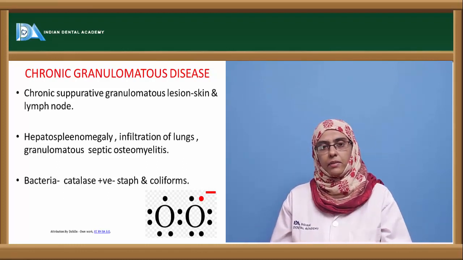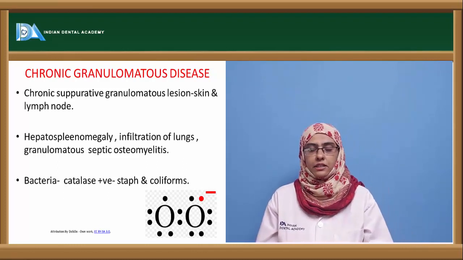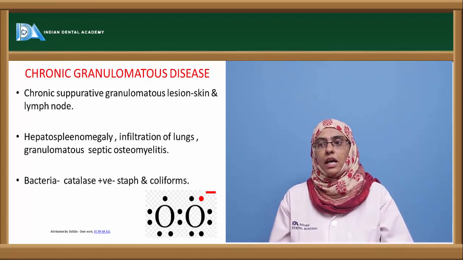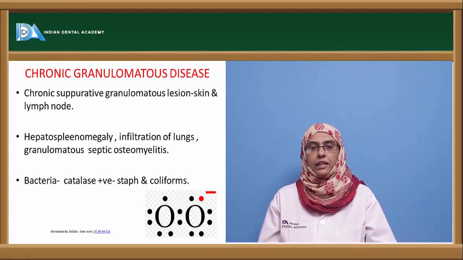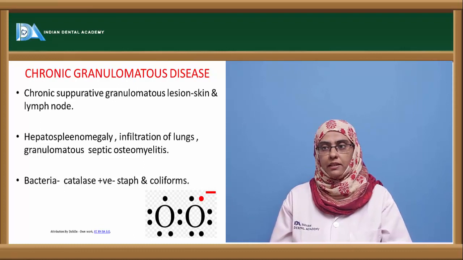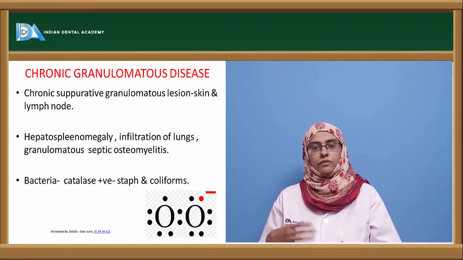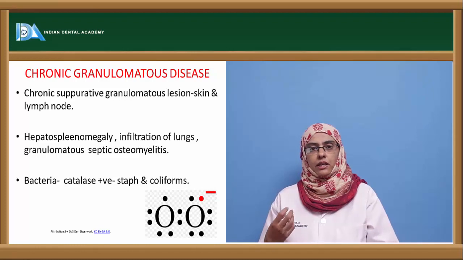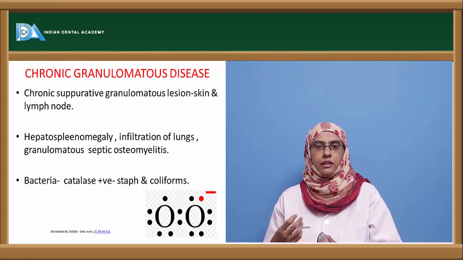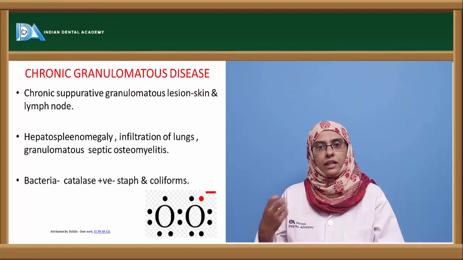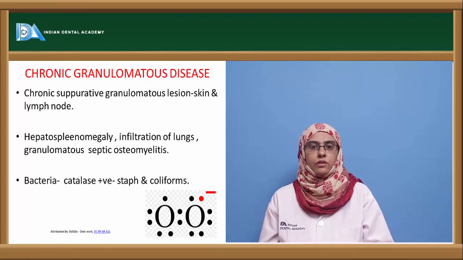Apart from that, the characteristic feature associated with this is hepatosplenomegaly, that is the enlargement of the liver and spleen, and infiltration of the lungs. More organisms are usually embedded inside the phagocyte, so they attract different cells of the immune system to that particular area.